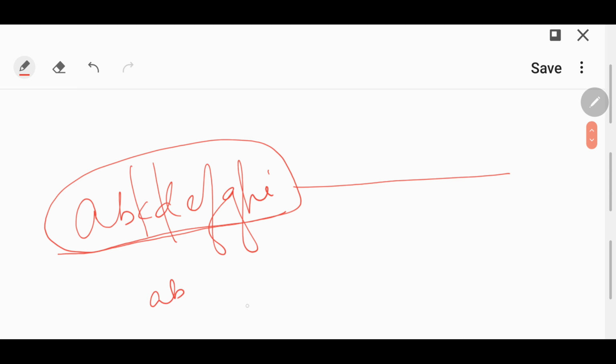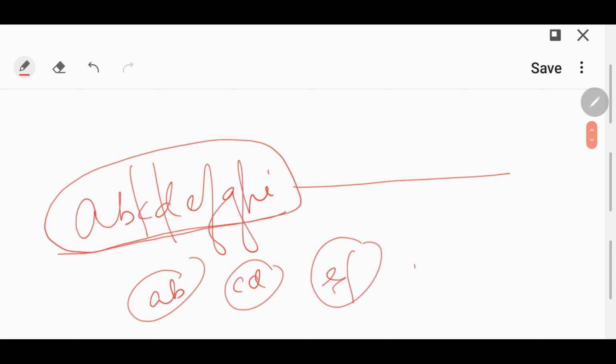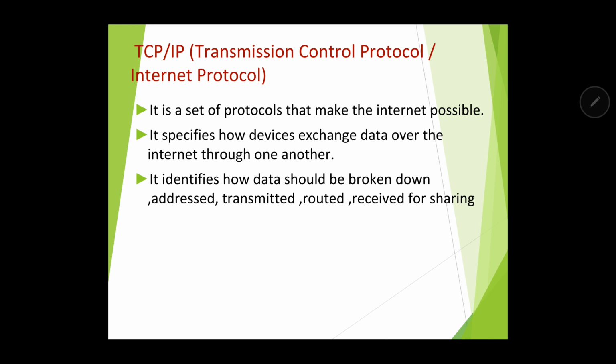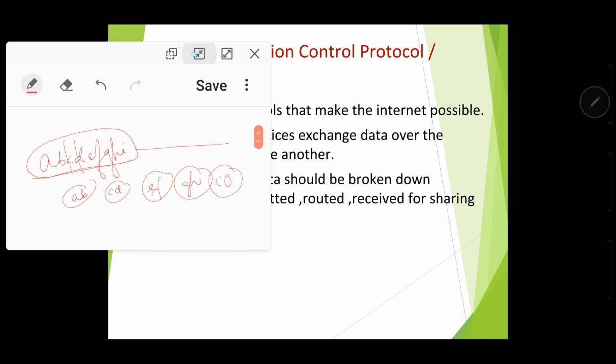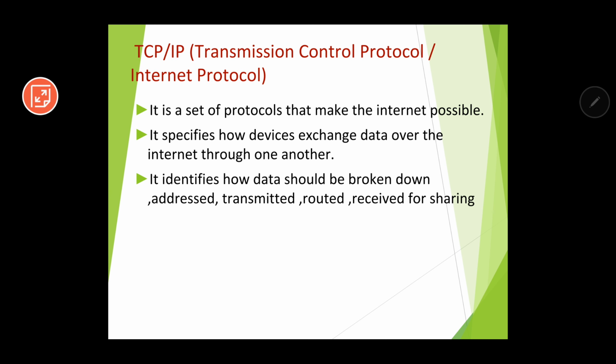Let's say the first fragment is AB, second fragment is CD, third fragment is EF, next is GH, next is I. So they will at first be broken down into some fragments and then transmitted via the transmission medium, and here the work of the router will come and various other work will happen in the middle. All these things are handled with the help of this protocol called TCP/IP.